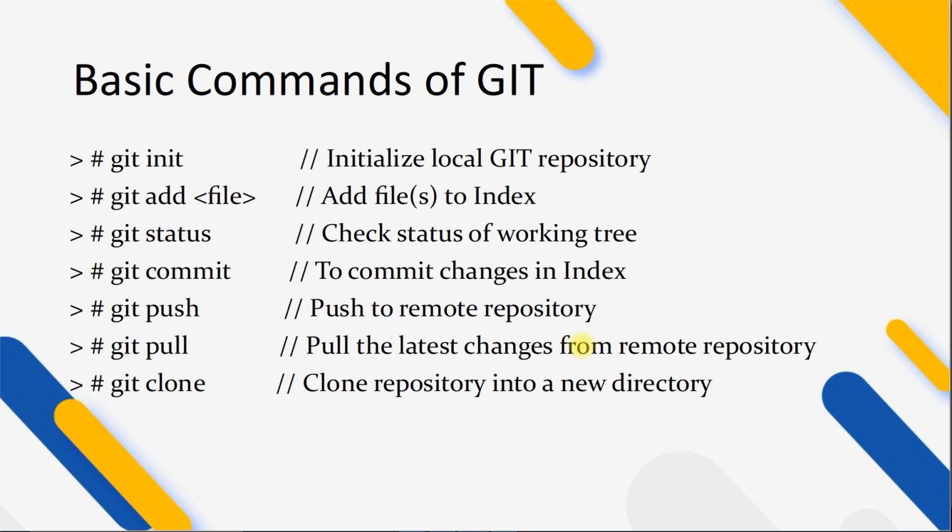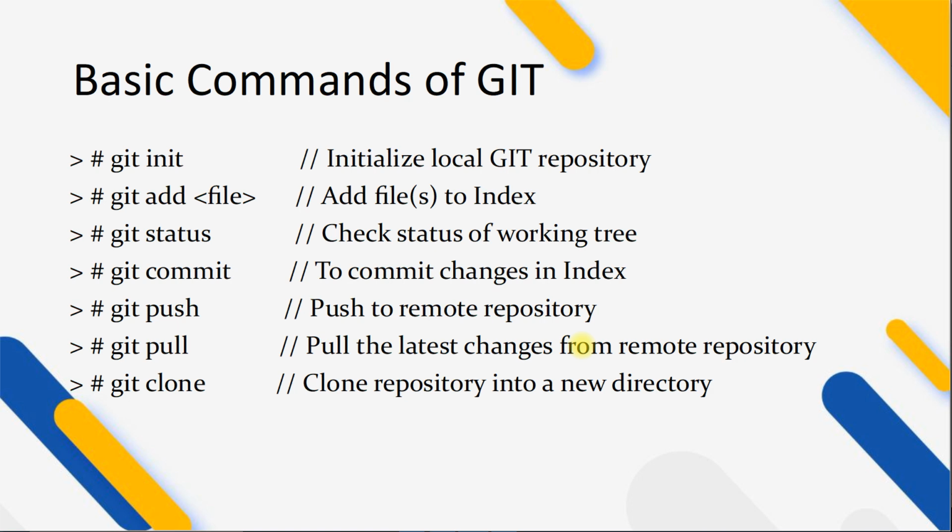Once you push, now suppose someone pushed their changes from the local repository to the central repository, and I want to clone it, or download it. Or if you want to pull the changes, if you want to check what changes happened, we can use git pull.